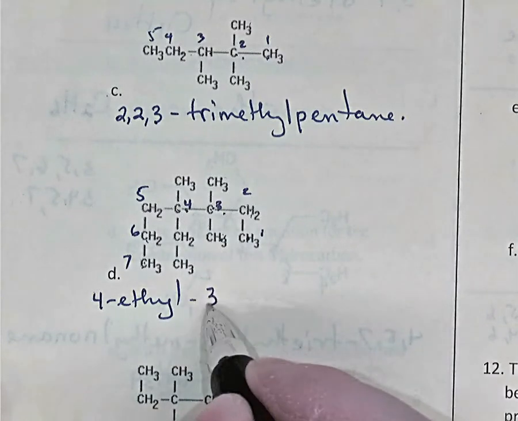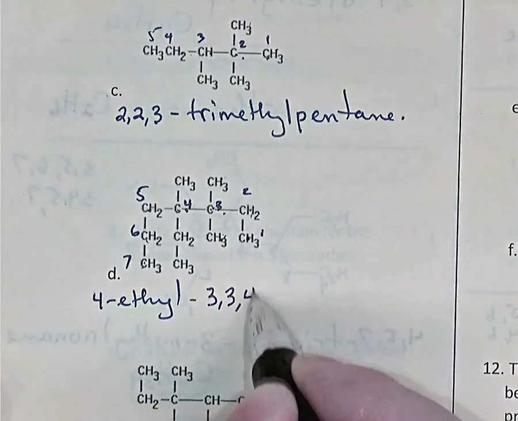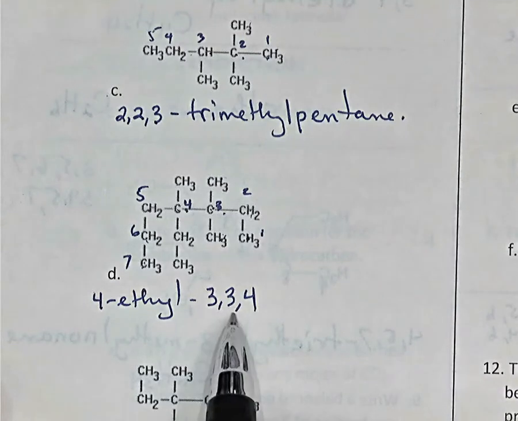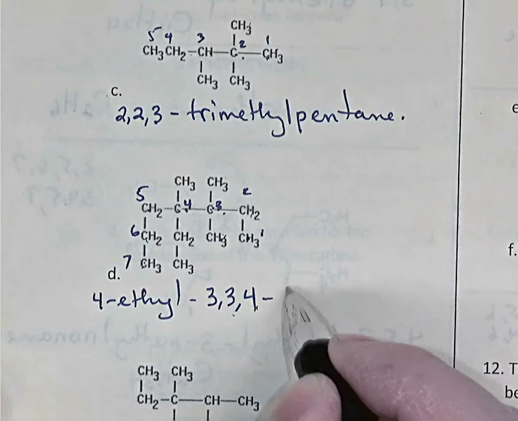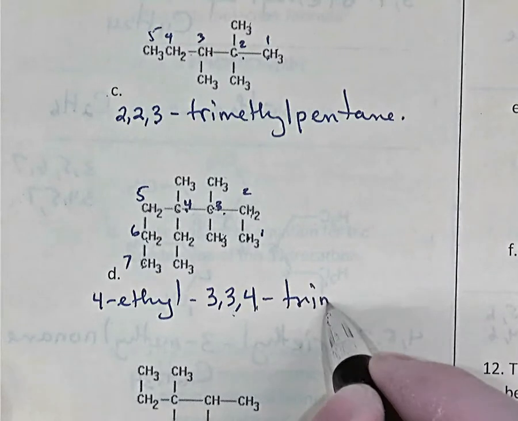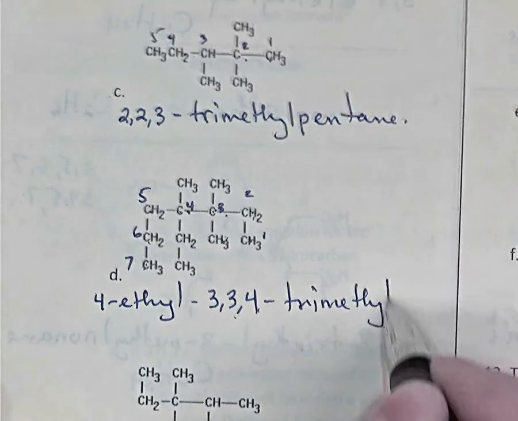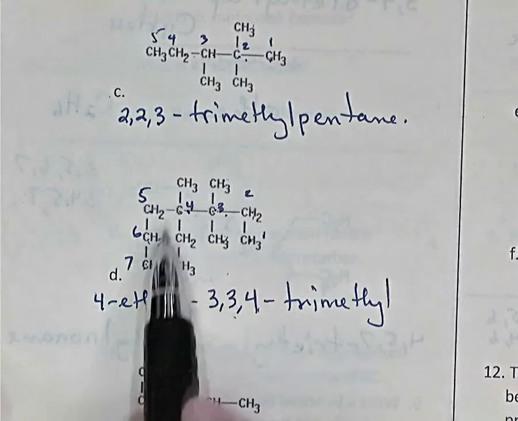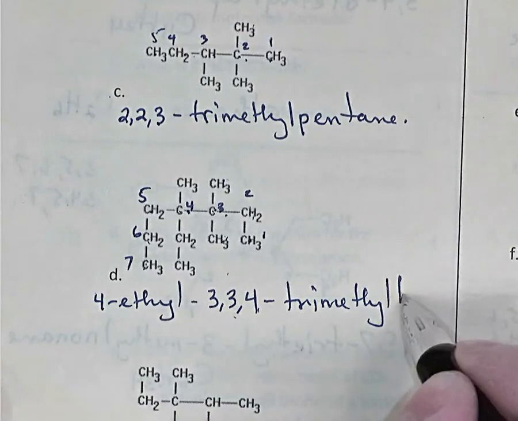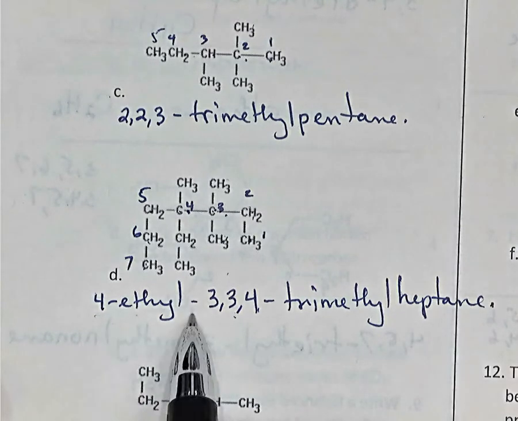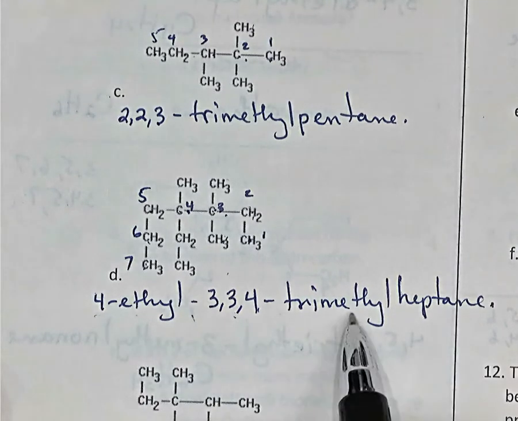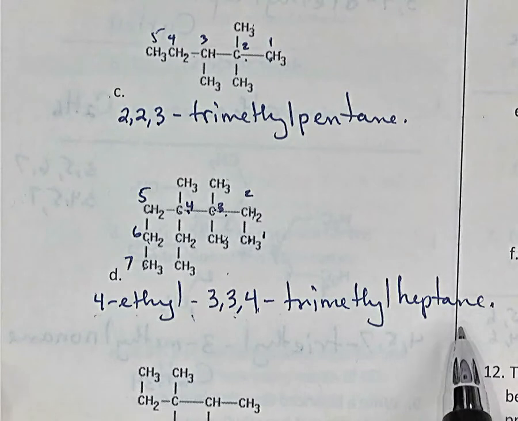So dash 3, 3, 4, trimethyl. And then the 7 carbon parent chain, heptane. So 4-ethyl-3,3,4-trimethylheptane.